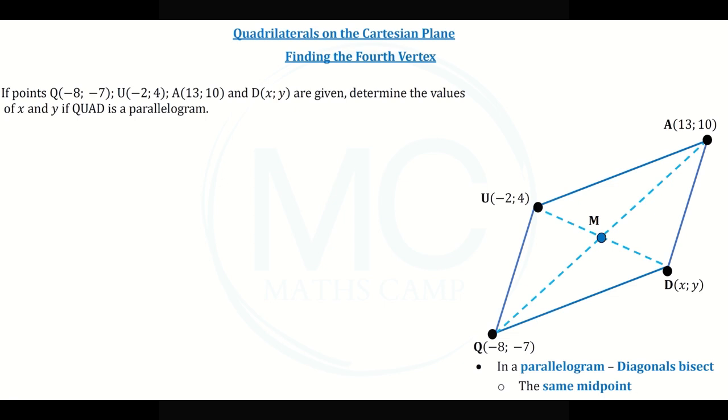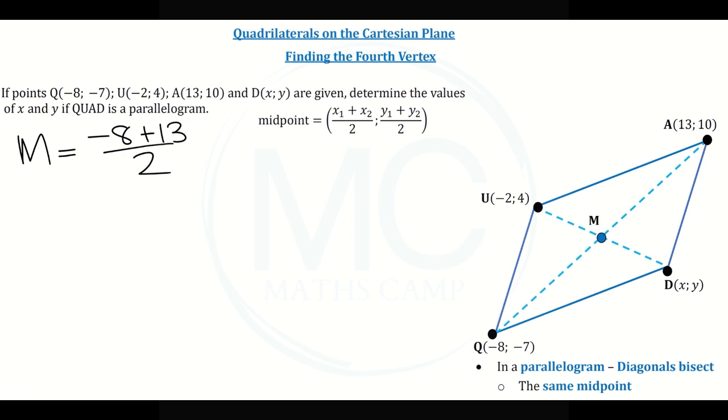Once again, we can use the coordinates of M to find the unknown coordinates of D. But before we can find D, we need the actual coordinates of M. M is the midpoint of the diagonal QA. So we can use the midpoint formula to find the coordinates of M. Let's say that Q is our first point and A is our second. Now we can say the midpoint M is equal to (-8 + 13) over 2 for our x-coordinate.